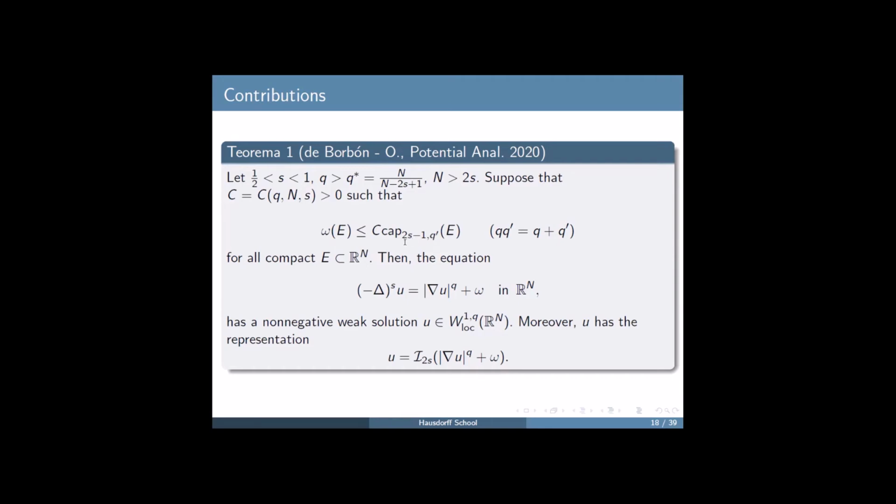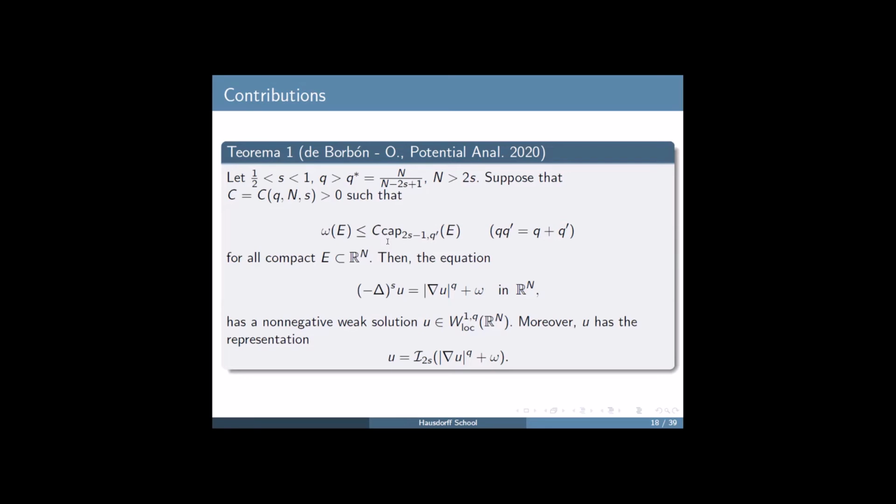If you recall what I showed you before for the local case, there we have the capacity of order 1 and q prime. That is the case where s is 1. So we are imposing a similar condition to the local case.